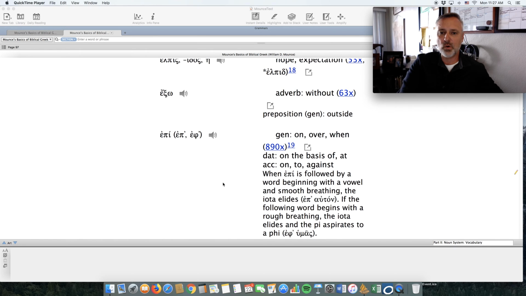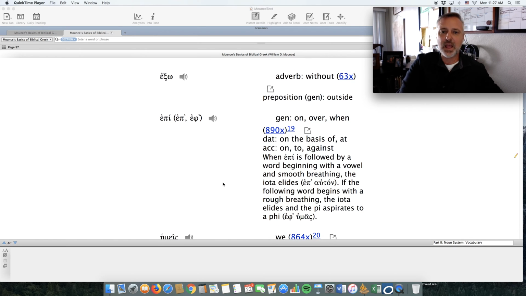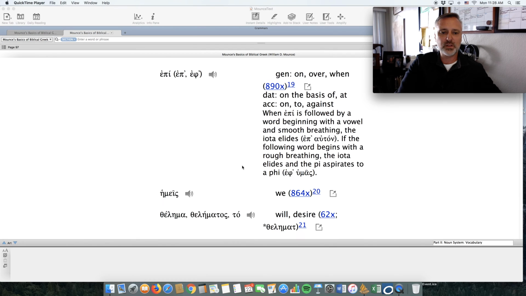So on, over, or when, like an epidermis, is the outer layer of skin, or that which is on the skin. So epi, on. If this is in the genitive, what do I translate it? Well, go with on. On is a good shot, but you want to get it down to its best form.